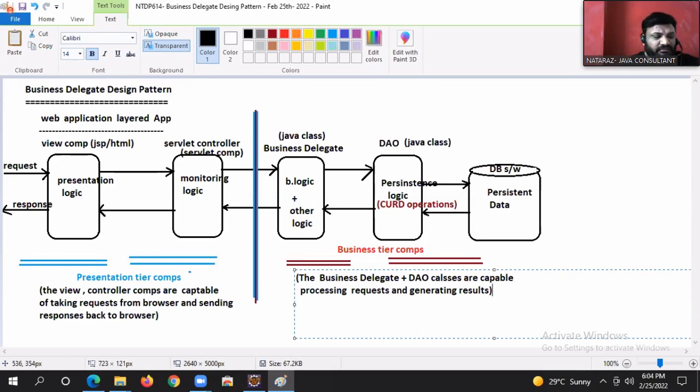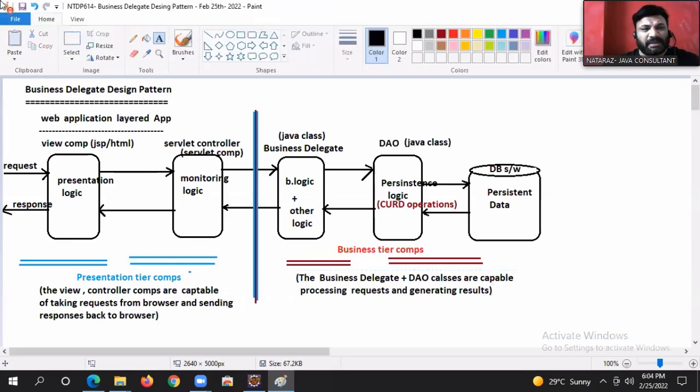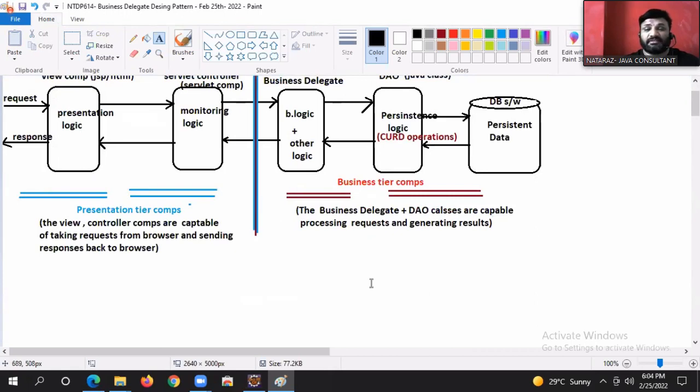Understand my statement, guys? Presentation tier and business tier components contain logic to process the request and generate the results. These are there to take the request and deliver the responses.